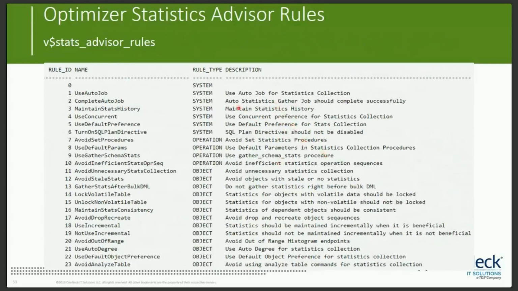I haven't checked that yet, but we can look at the stats advisor rules, and these are the rules it will check against the database, and then provide the recommendation, like the volatile data table should be locked. If you are loading temporary data and truncating the table every night, then it will suggest those tables and recommend you to lock statistics on those tables. So it's a good script, what it generates, and you can implement the recommendations.